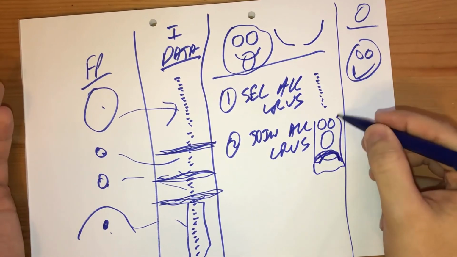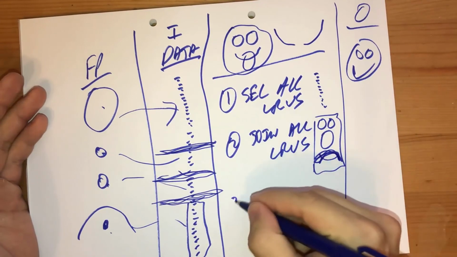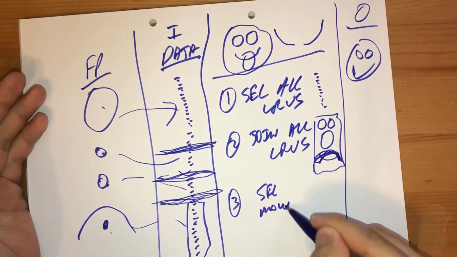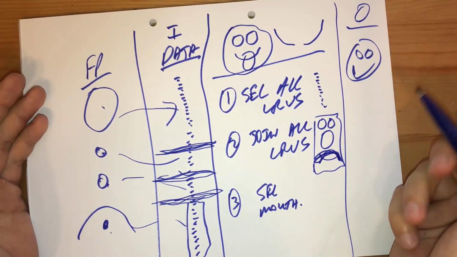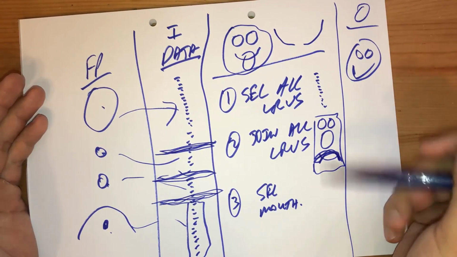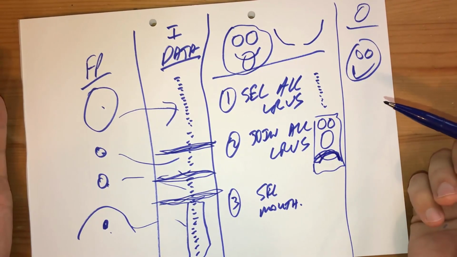He just sees a list of information, yeah? And then at that point, number 3, select mouth. So if we do all 3 of those steps, this will be a chance for us to be successful in this.